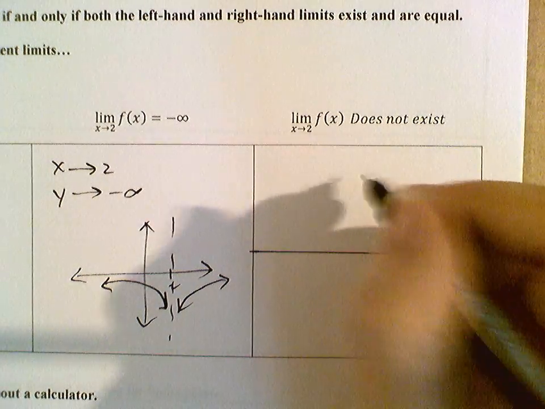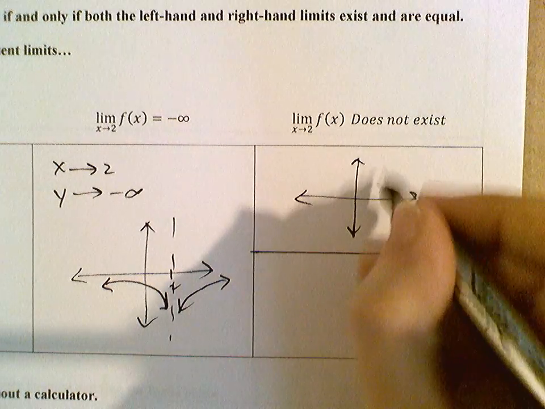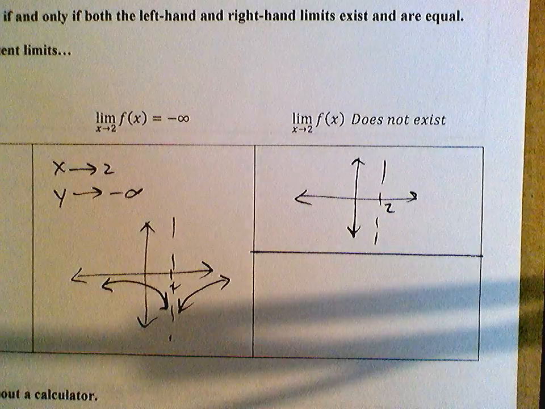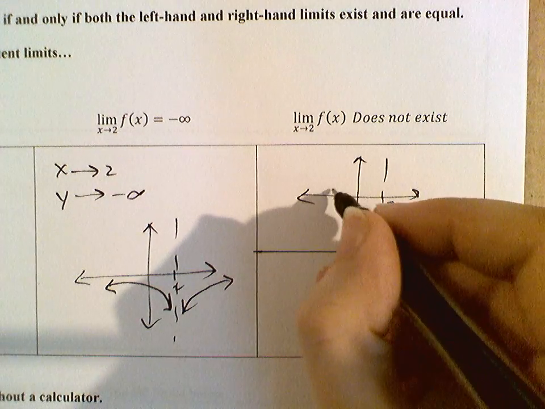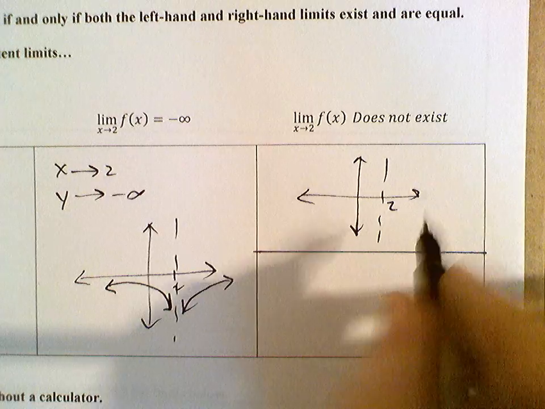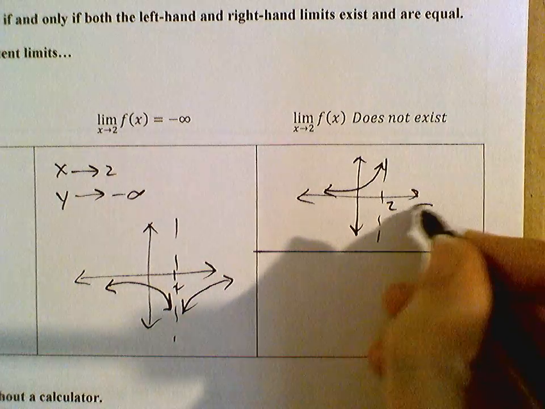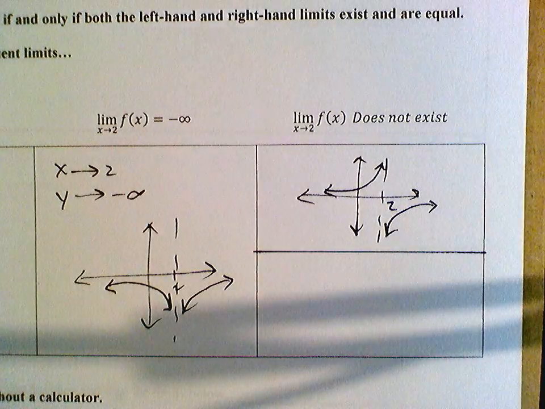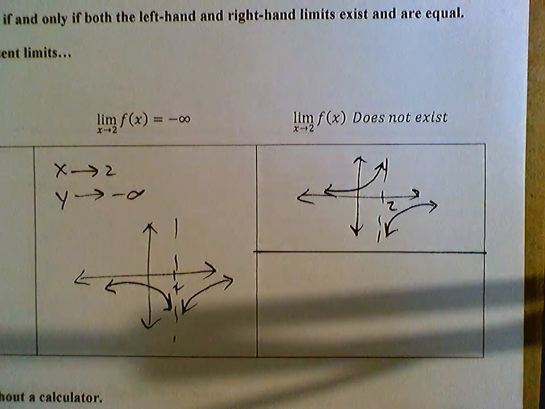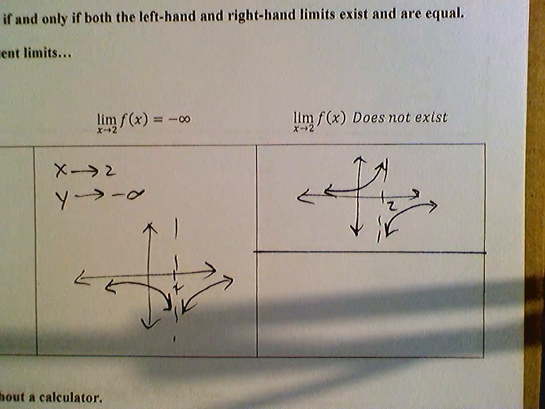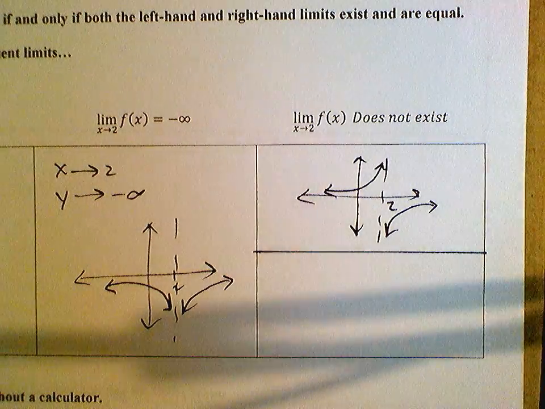You could have a situation where you have an asymptote at x equals 2, and as we approach 2 from the left, the y values shoot up to positive infinity, and as we approach 2 from the right, the y values shoot down to negative infinity. We can't say the limit is positive or negative infinity because from either side it's not agreeing. So it does not exist.